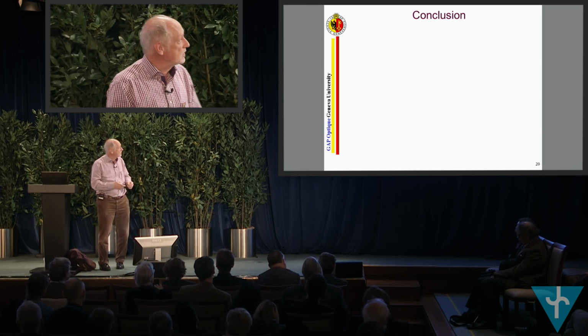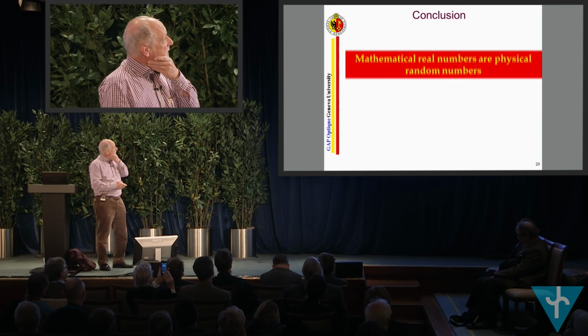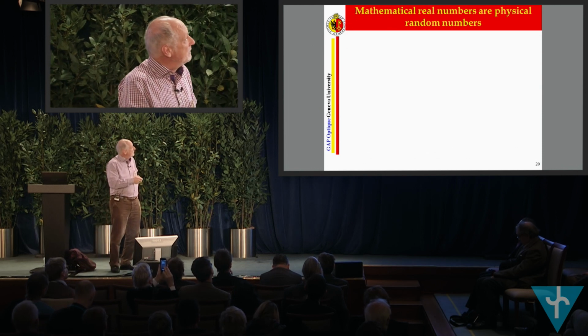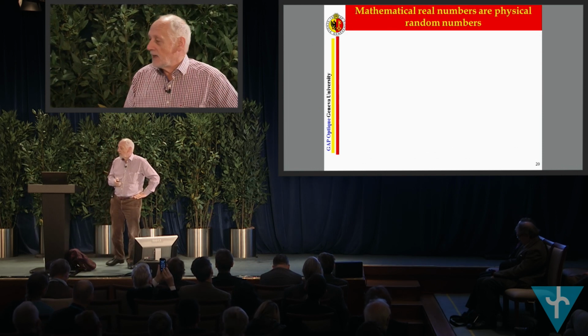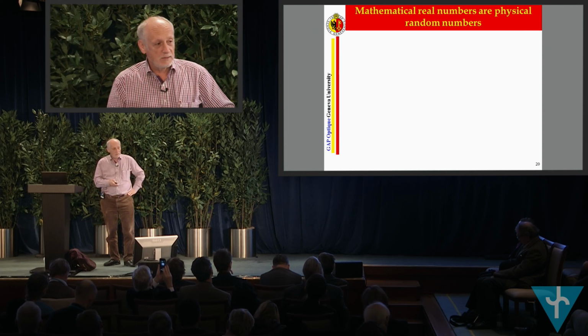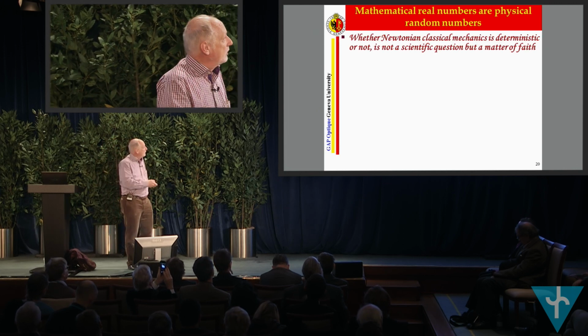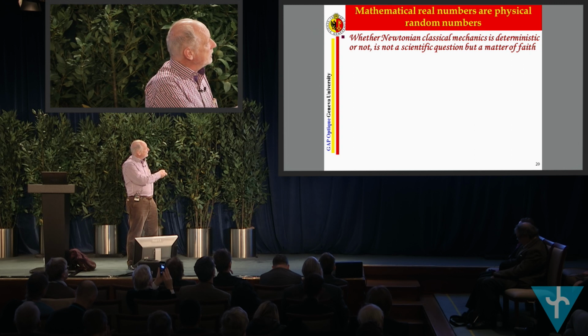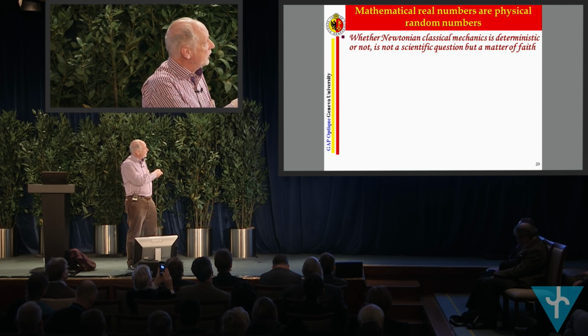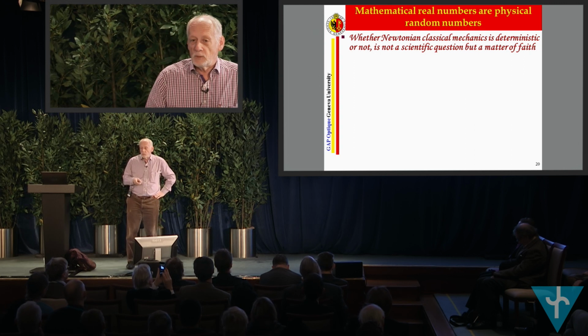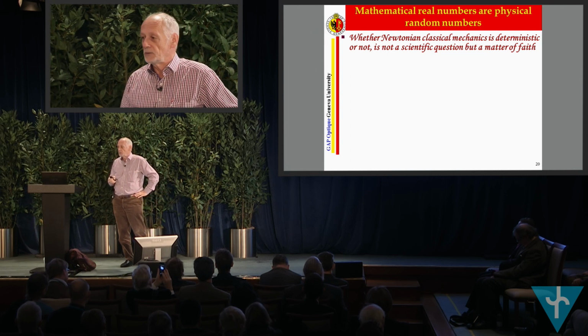So I come to the conclusions. The main one is that the mathematical real numbers are physical random numbers. And in particular, that whether Newtonian classical mechanics is deterministic or not is actually not a scientific question that science is going to answer for you.